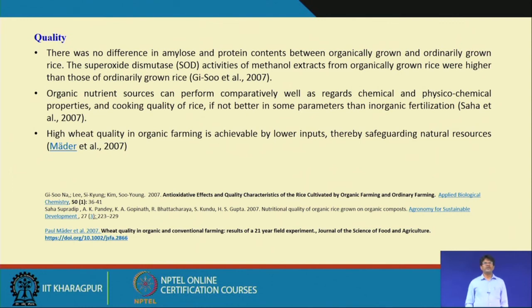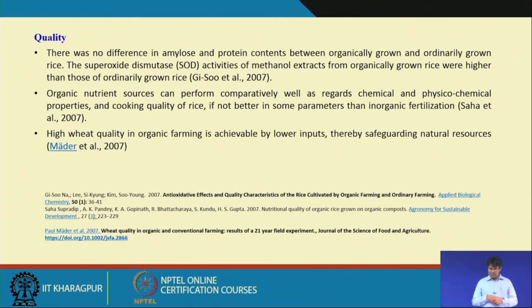However, the superoxide dismutase enzyme activity of methanol extract from organically grown rice was higher than that of conventional rice. Superoxide dismutase is an enzyme which, as an antioxidant, fights against diseases like cancer. So, those are higher in organically produced rice as compared to conventional rice.